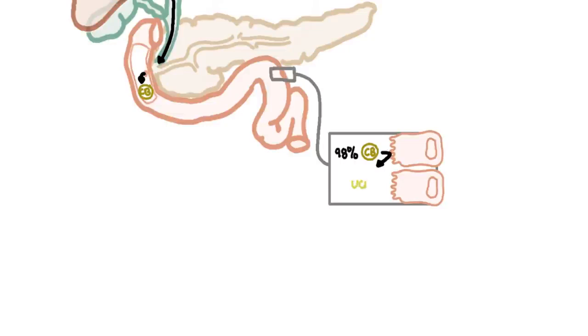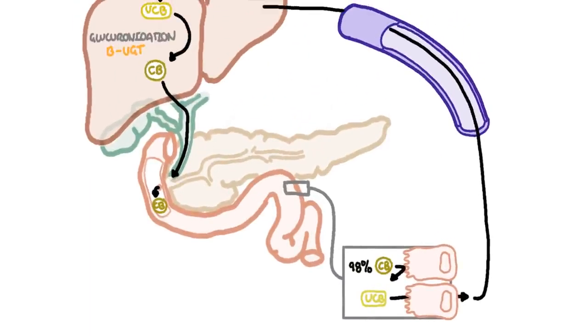In comparison, the unconjugated bilirubin fraction is partially reabsorbed and undergoes enterohepatic circulation, which is where it travels through the portal system back to the liver. So intestine, hepatic, liver circulation. This unconjugated bilirubin can then undergo glucuronidation again to become a conjugated bilirubin and water soluble.